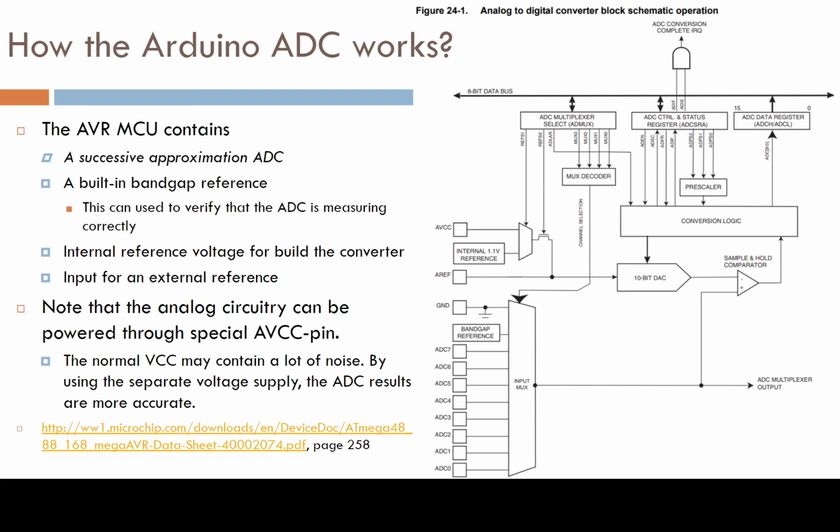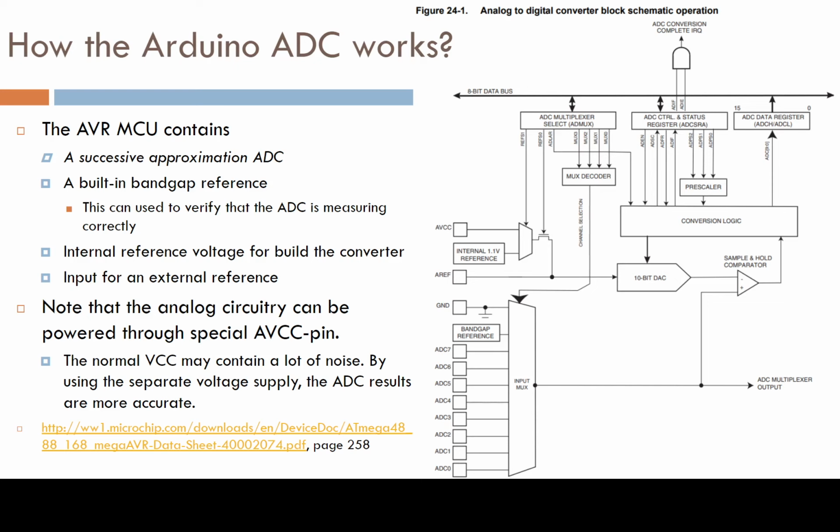There's also a notice about the power pin. If there are separate power pins for the digital and analog part of a processor, any processor, you always use them as separate.